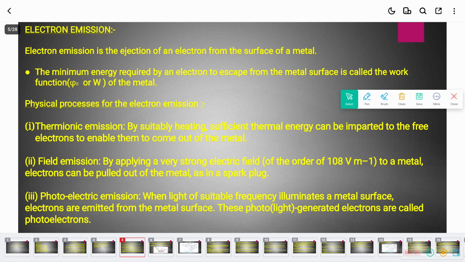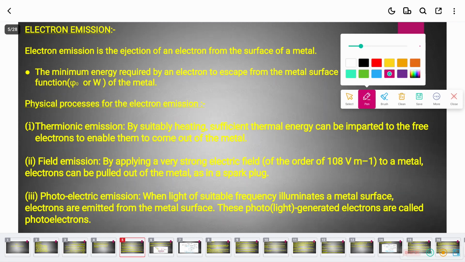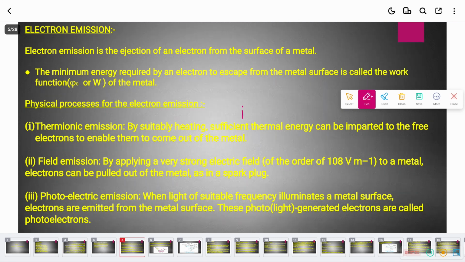What happened here? Everyone try to understand. This is a metal. In this metal, you are giving heat. Now from here, you have energy levels. These all are electrons.